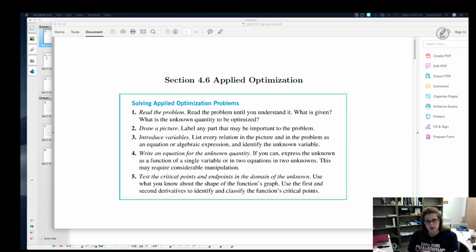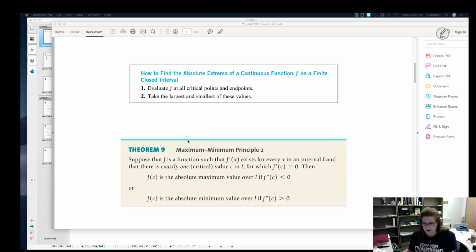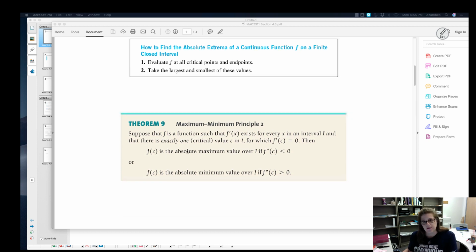Sometimes you have to test them all, sometimes you don't, and we will figure out what the actual either maximum or minimum of the particular applied problem is. Now, if we've got more than one critical value within a problem, then we can use the second derivative test to see if it's a maximum or a min.